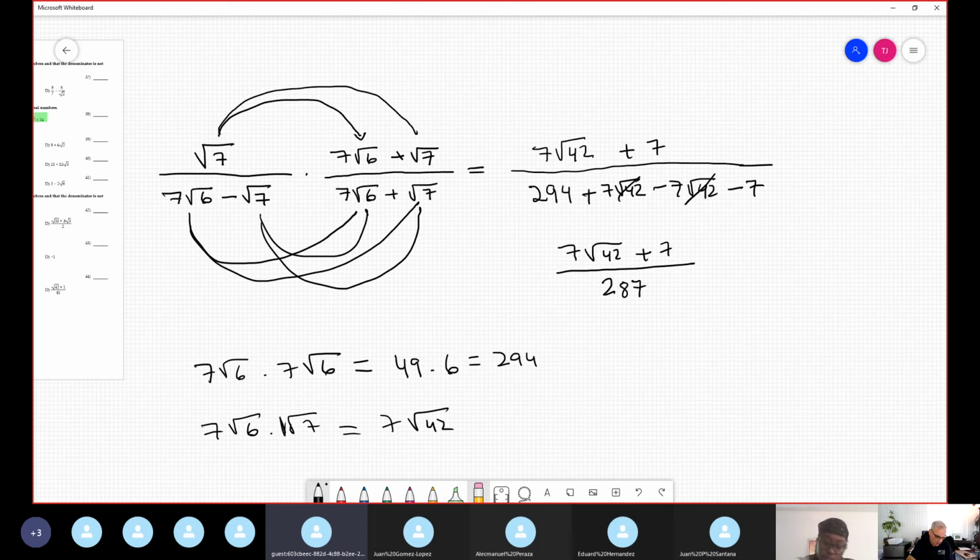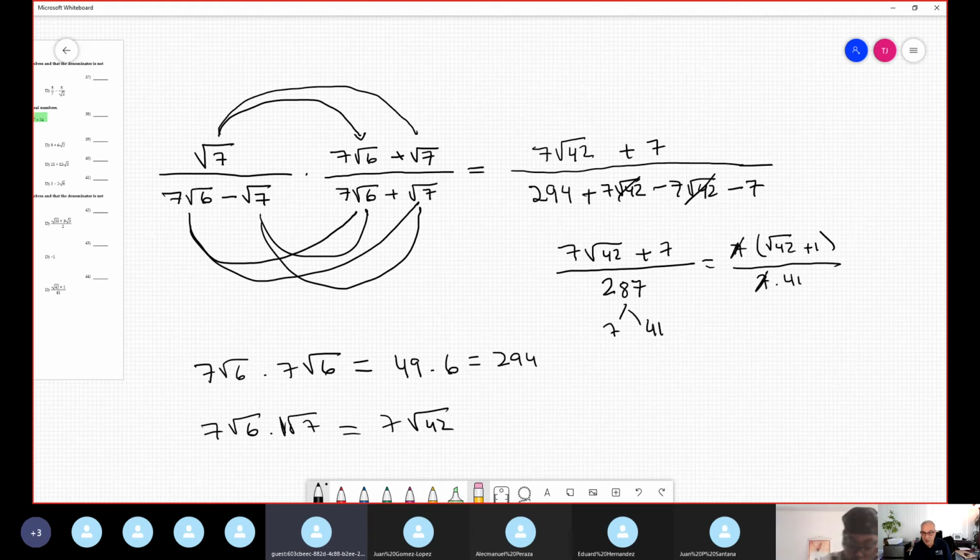Let me try my calculator. Divided by 7. Oh, it's 41, yes. Okay, good. This is 7 and 41. And of course, we factor out 7, the greatest common factor. Radical 42 plus 1. In the bottom, we have 287, which is 7 and 41. It's equivalent. And this 7 is cancelled.